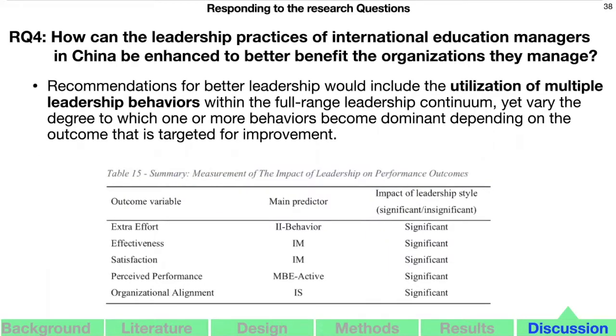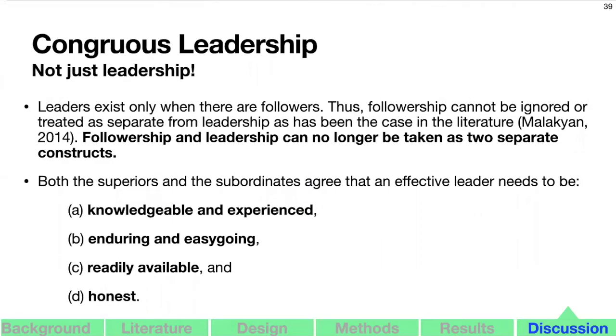And for the last research question, we look at table 15 again. We can use multiple behaviors. We can change our leadership behavior at different times. We can use different leadership behaviors in order to impact different aspects of the organization, which brings us to the idea of a congruous leader.